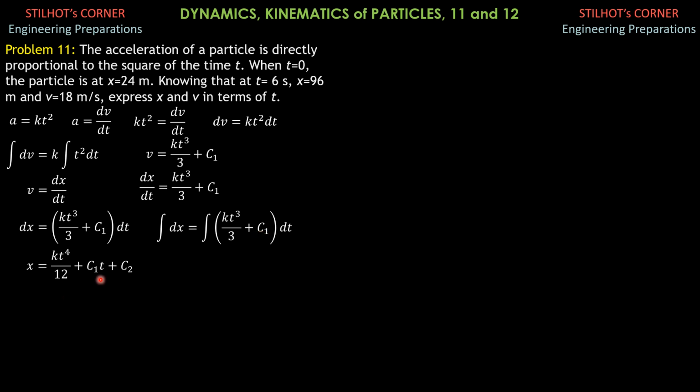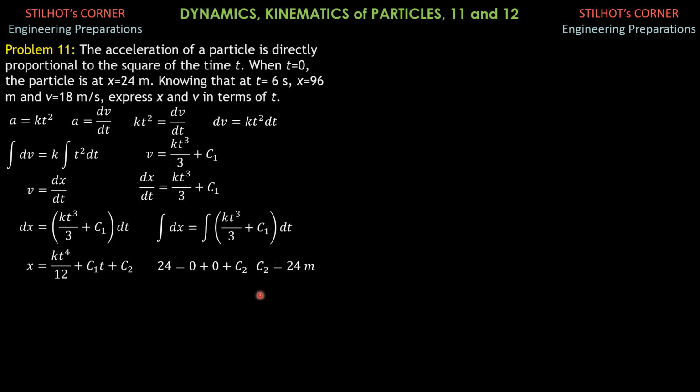We then evaluate c sub 2 because when time is 0, x is 24. So 24 equals 0 plus c sub 2. So that means the constant c sub 2 is 24 meters.